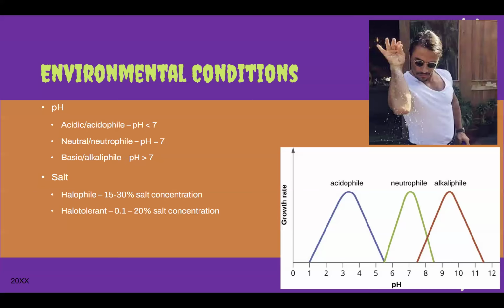And then the neutral, or neutrophiles, pH of 7. For the purposes of this class, blood is neutral. It's slightly acidic, but not by much, so we'll just say blood is neutral. So that's where your neutrophiles would be residing. Just for your exam, if you get a question about where this acidophile would live in the body, you'd say things like the stomach or the reproductive system.